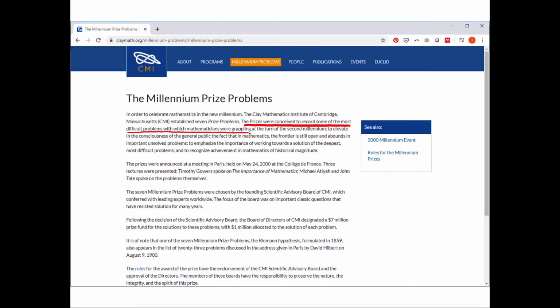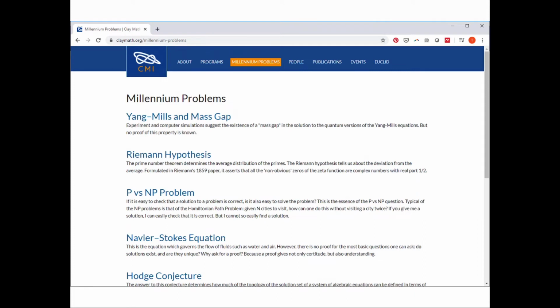They have put a $1 million prize on each of these 7 problems that they identified. If somebody can provide a solution, it's basically like an X Prize, right? To try to push the frontier of mathematics and take us to a place that we have previously not been able to get to when it comes to mathematical methods.